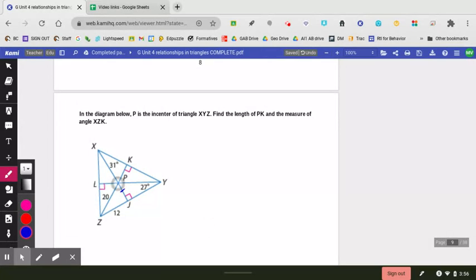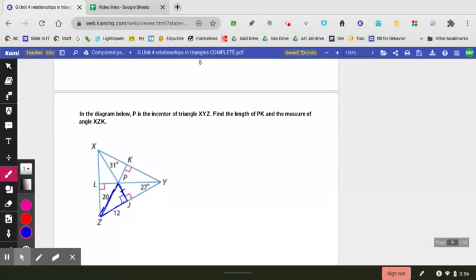And if I look here at PJ, right here, I have a right triangle. I know that's a right triangle because this side's a right angle. And I know two sides of that right triangle.